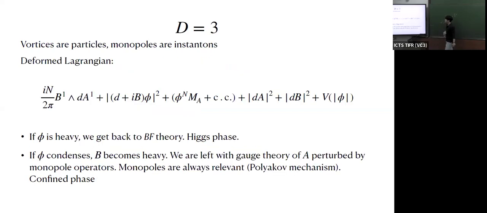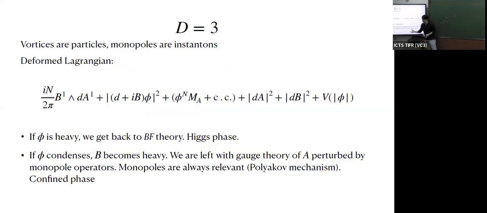Now in d equals 3, vortices are particles and monopoles are instantons. And now this is the way you can get a deformed Lagrangian. The first term is just the BF term we started with. The second term denotes the coupling to vortices.